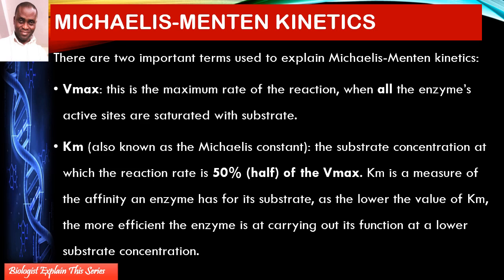So mathematically, the affinity of the enzyme for the substrate is inversely proportional to the value of the Km of the enzyme. Let me take that again. The affinity of the enzyme for the substrate is inversely proportional to the Km value of that enzyme. So in other words, as the Km decreases, the enzyme binds well. A good enzyme has a low Km. That is the picture that we're painting here.